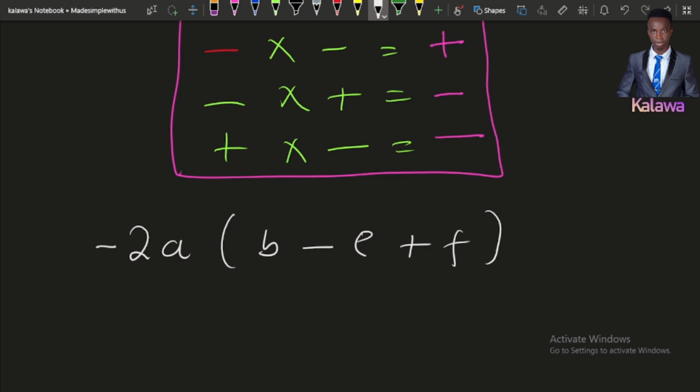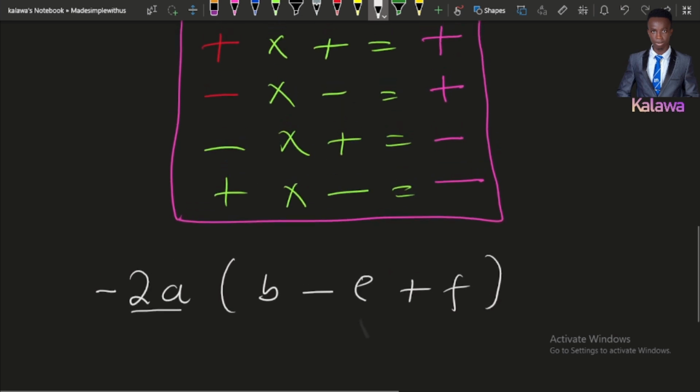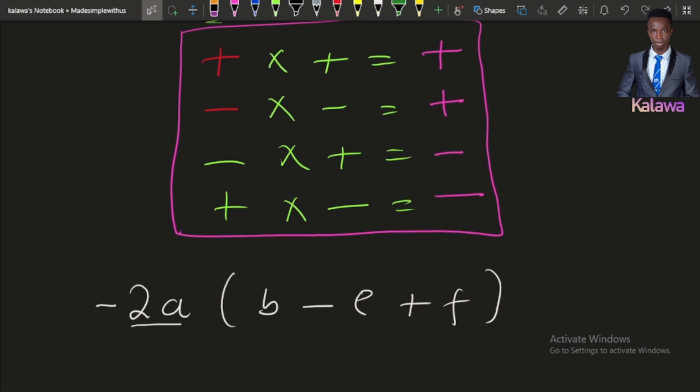You notice something here: the signs from the term outside the bracket, and then also the terms inside the bracket. What this demonstrates is that whenever you have a positive and a negative, the final answer will always be negative.